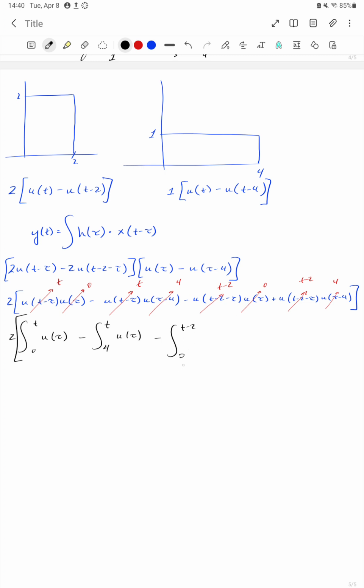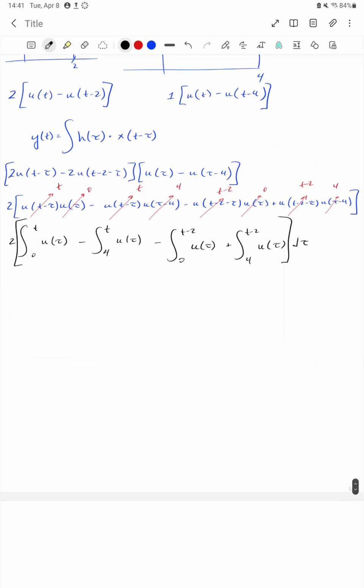Take note of this: if this starts at 0 and ends at t minus 2, we have to keep in mind that it has a 0 lower limit, so it's probably going to be placed before this one. u of tau, and plus the integral from 4 to t minus 2 of u of tau. Everything technically has this d tau. I don't know that that's the correct notation, but you get what I'm getting at.